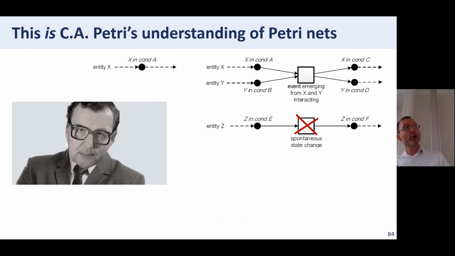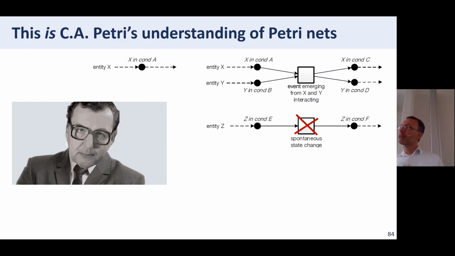So these events emerge from two things meeting in space and time. And you don't have spontaneous state changes. Well, not completely true, but for most of the phenomena we study in organizations, this is true. Once you look at manufacturing, then of course there's wear and tear, and suddenly certain things break, where you wouldn't say that somebody is actively involved.